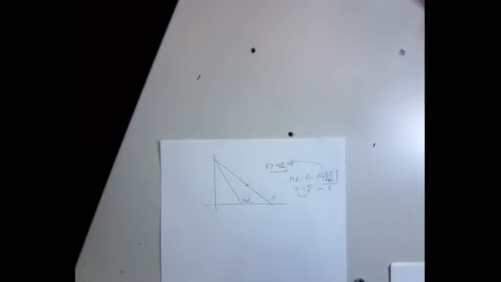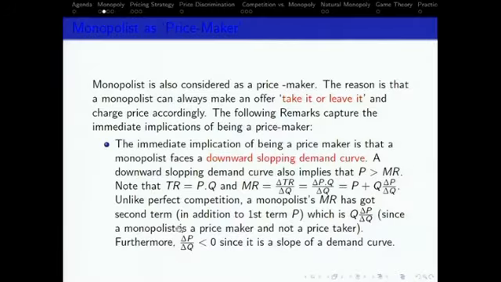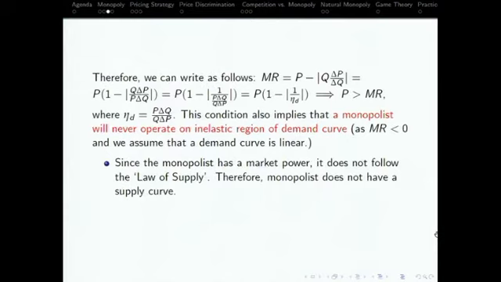Now, we go back to this curve. It is not part of this course that you need to derive that, right? So you see, this is exactly why I write P equal to MR, and then you can see delta P over delta Q is negative because it's the slope of the demand curve, right? So once you do that, this bit shows you the relationship between the elasticity and the marginal revenue.